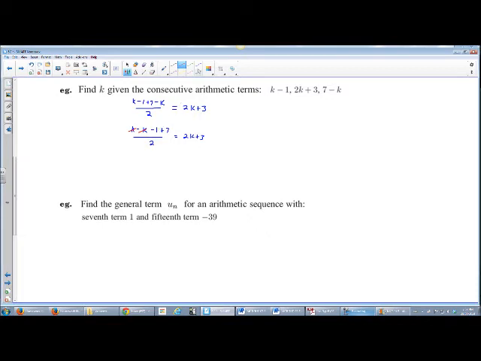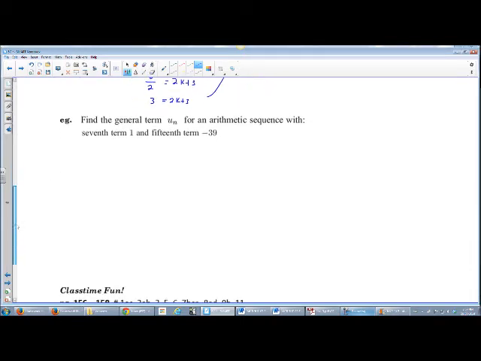Negative 1 plus 7 is 6, equals 2k plus 3. 6 divided by 2 is 3. We can subtract 3 from both sides, so we end up getting 2k equals 0. Therefore, quite neatly, k equals 0. Okay, and we'll move right along here.